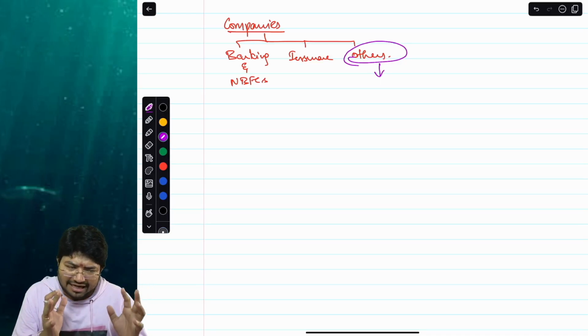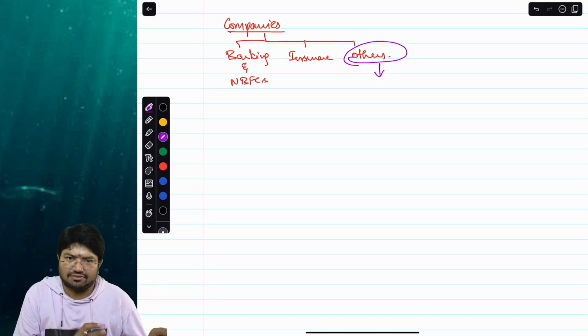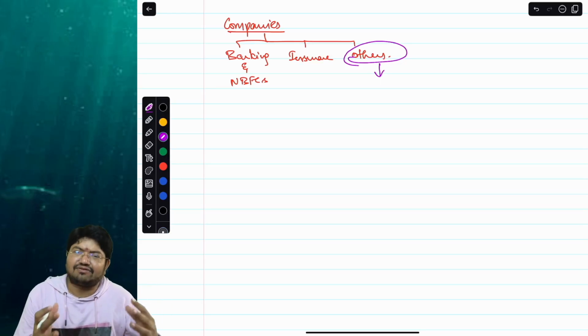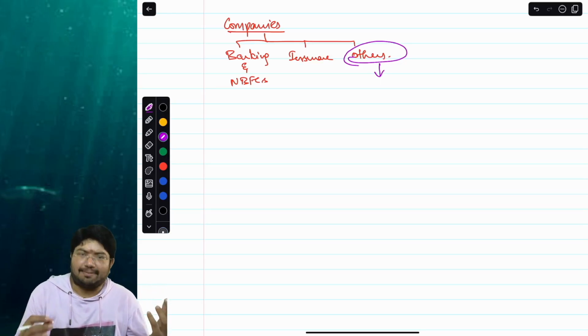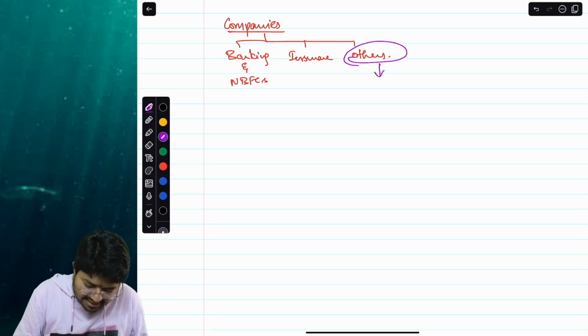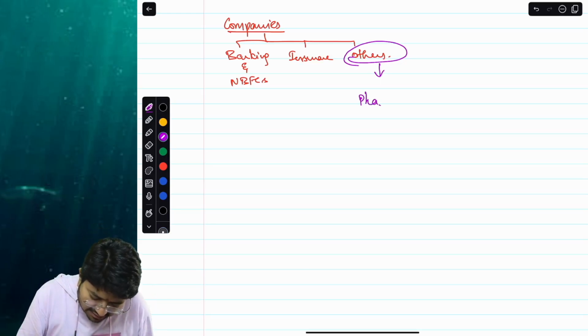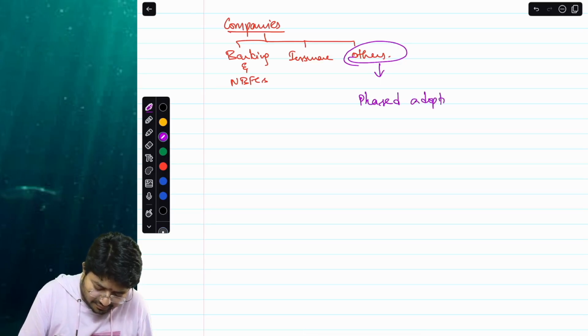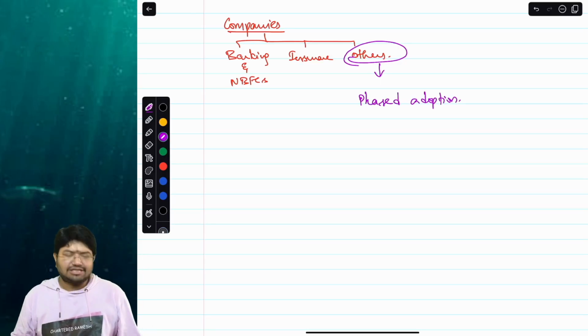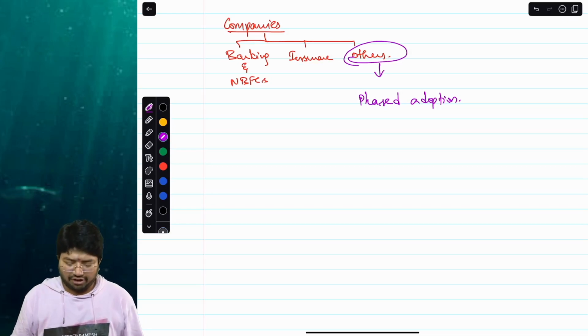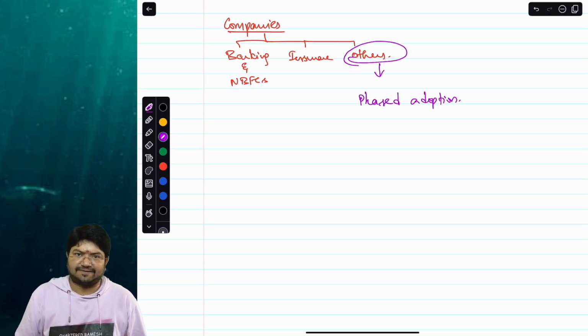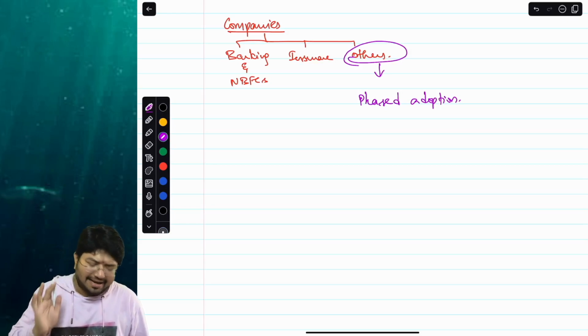If your net worth is below some X or above some X, you should implement Ind AS by so and so date. This is the sequence in which Ind AS adoption happened in India. That means there is a phased manner of adoption of Ind AS in India with respect to other entities. Now, what phased manner happened?